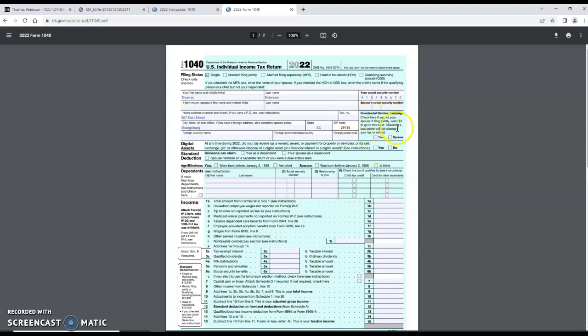Okay, the presidential election campaign is if he wants to designate part of his tax liability toward going to the presidential election campaign. And $3 is what it is.